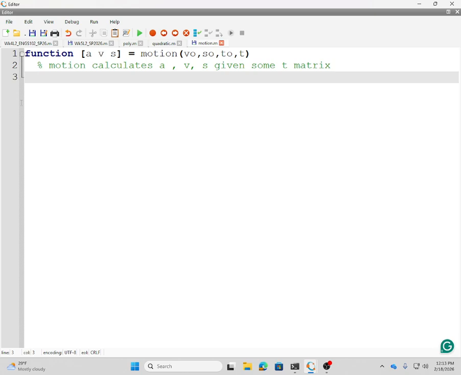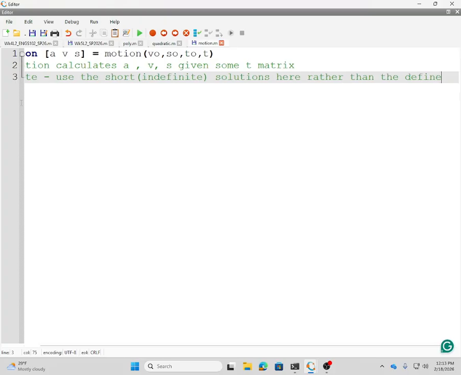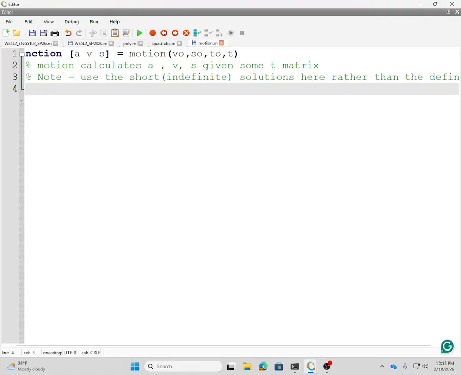Okay. And then I'd like to put a note here. So note: use the short, meaning indefinite, solution here rather than the definite solution.